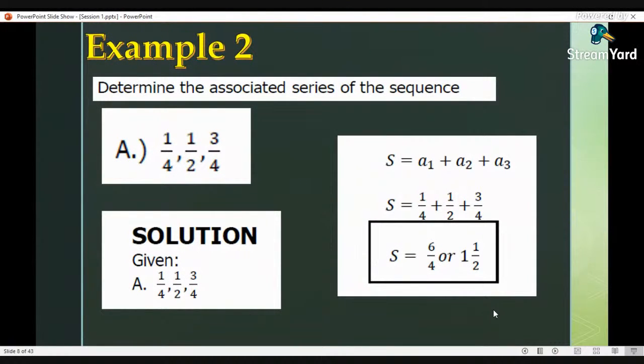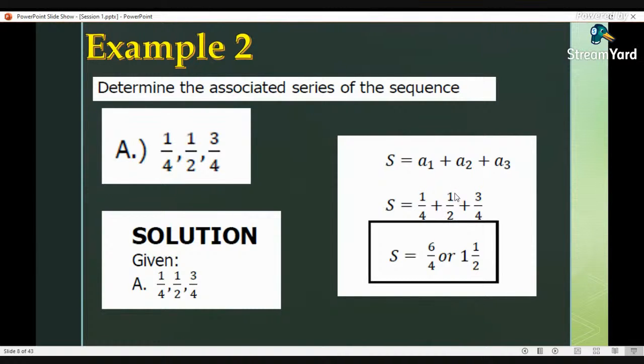Okay, we have here the example 2. Determine the associated series of the sequence. So for the sequence A, we have 1/4 plus 1/2 plus 3/4. All we have to do is add them. So we have 1/4 plus 1/2 plus 3/4. And so the least common denominator is 4.